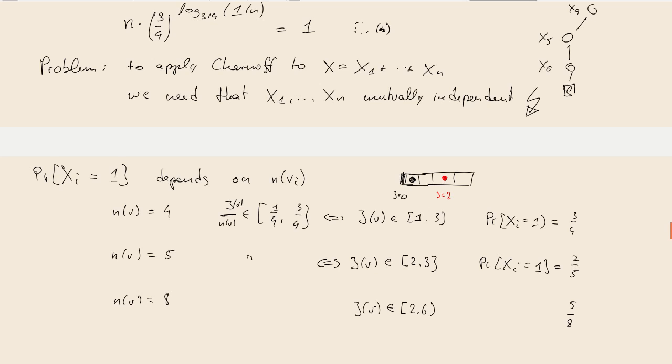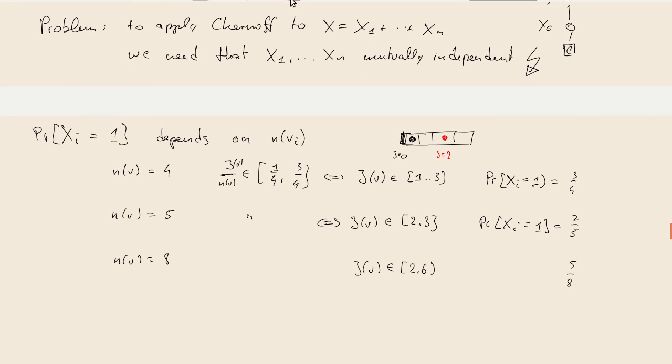Or more formally speaking, independent events require that the probability factors. We'd need, for example, that the probability that x1 is 1 and x2 is 1 must be just the product of the individual probabilities.